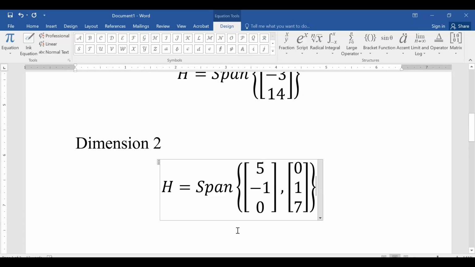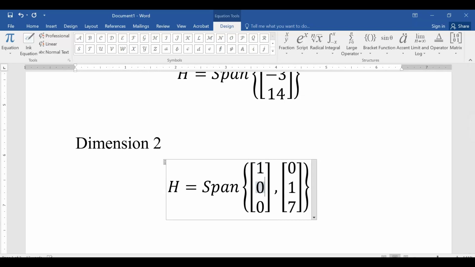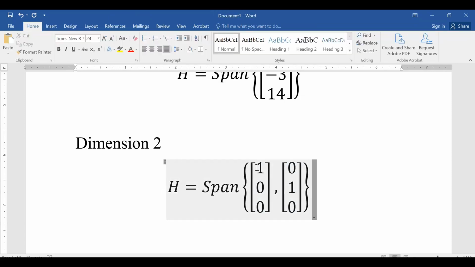So here's an example of 2 vectors that would form a nice basis of a subspace of dimension 2 within R3. Okay, now you don't have to get fancy on this. If you want, you can make your vectors the columns of your standard basis for R3. Just take the first 2 if we want dimension 2.